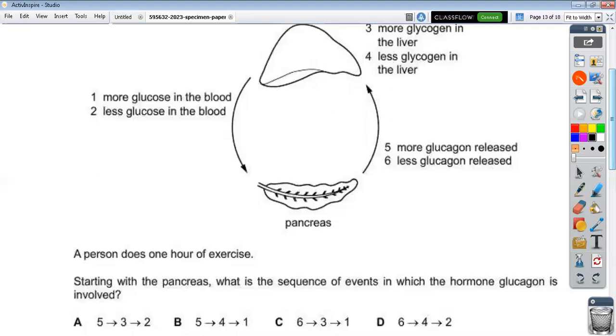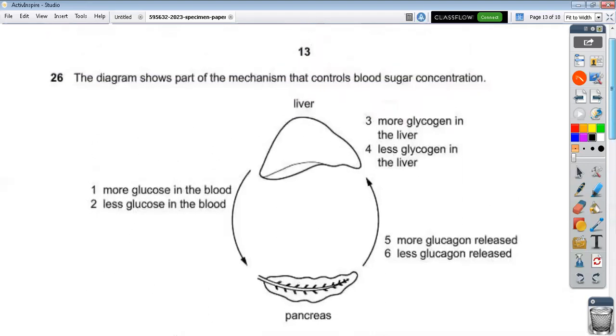Before we even look at the question, you are doing exercise. So if you're doing exercise, what do you need more? I need more glucose. Are we agreeing? I need more energy, so the rate of respiration increases.